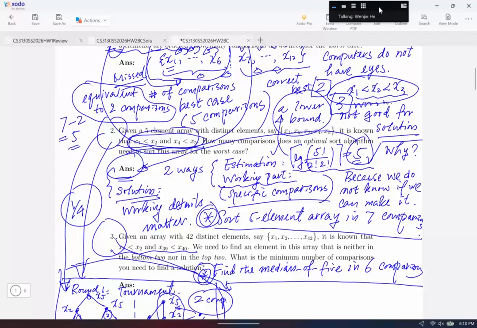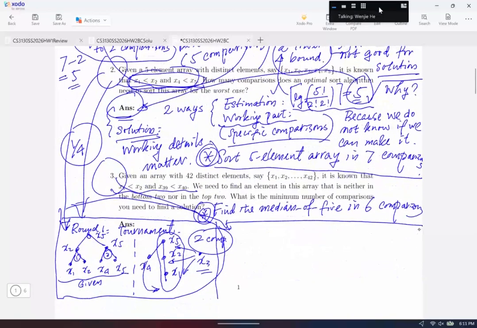So sometimes students use the given condition equivalent to 3, sometimes equivalent to 2. Both are incorrect. Actually, if you talk about equivalence, it's less than 3 and greater than 2, somewhere between. You get a little more information than 2 comparisons, but less than 3 comparisons. So in this situation, you should not use the equivalence approach. All right, so that's number 2.